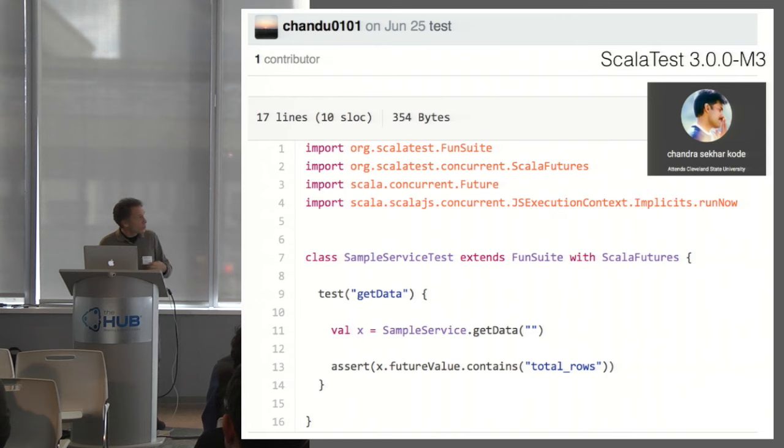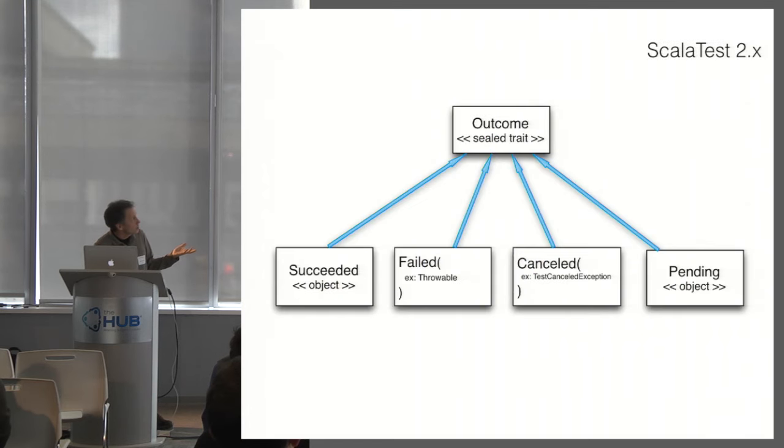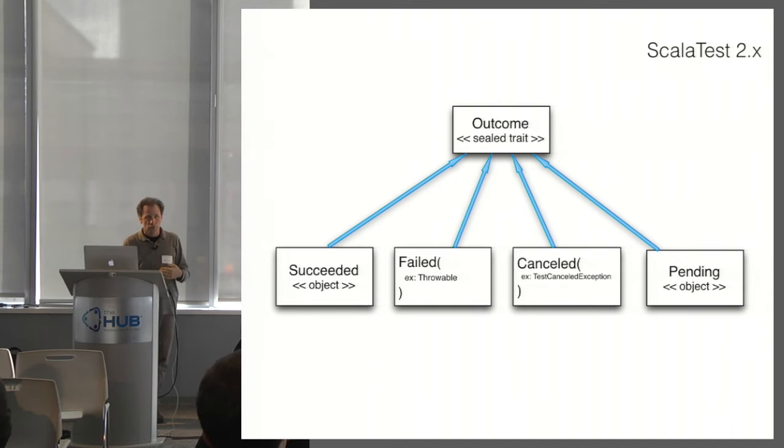And so to give you an idea of what that is, I'm going to back up again and explain a few concepts. One is this thing called Outcome, which I introduced in 2.0, which is just a small ADT that models the outcome of a test. So a test can either succeed, it can fail, it can be canceled, or it can be pending.